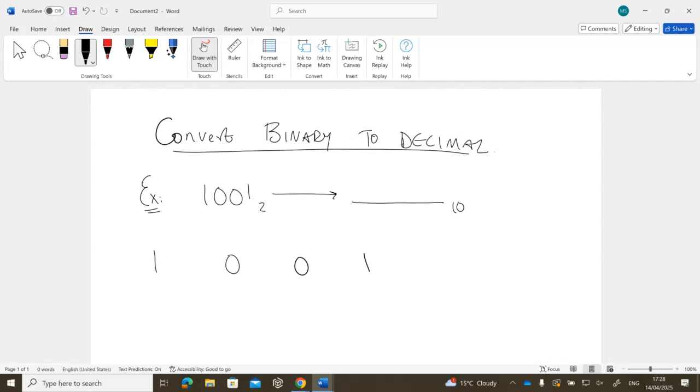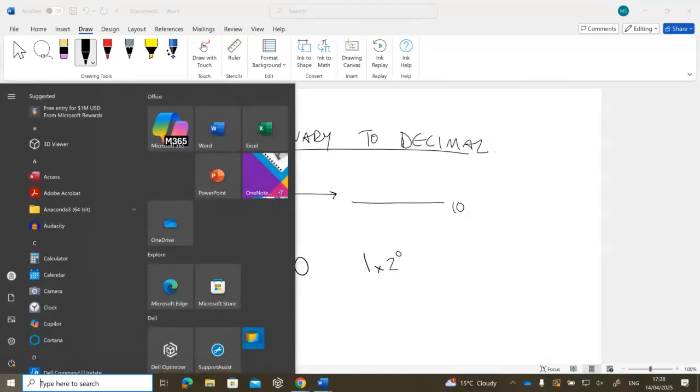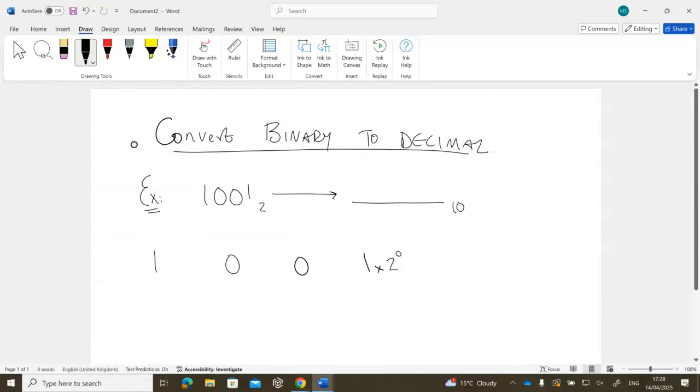Now, what is the base here? 2. So the first number you multiply with 2 to the power of 0. Then put a plus. What should I multiply this with? 2 to the power of 1.